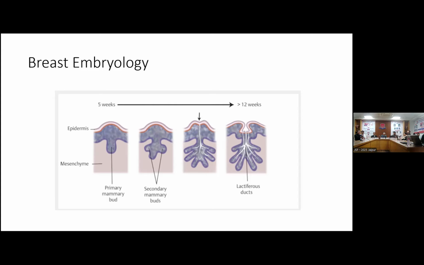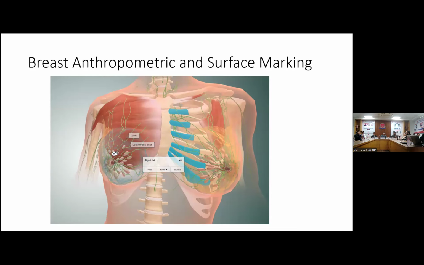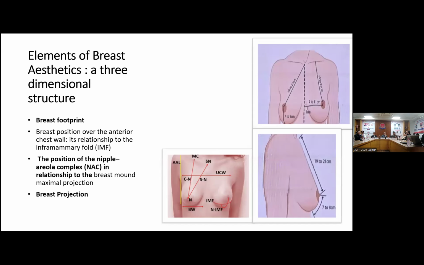For us, breast anthropometry and surface markings are very important when we are doing breast oncoplastic surgeries. The breast is a three-dimensional structure. We have the breast footprint, the position of the NAC, and the breast projection.